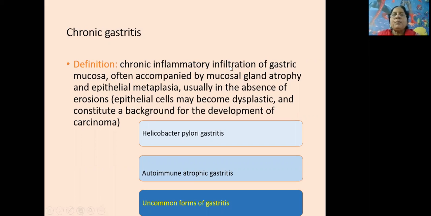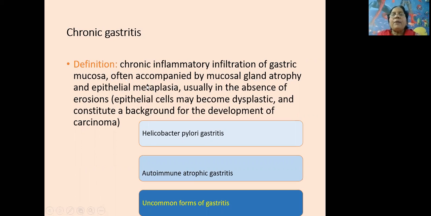There is inflammatory infiltrate, and the mucosal glands undergo atrophy and epithelial metaplasia. What metaplasia occurs?